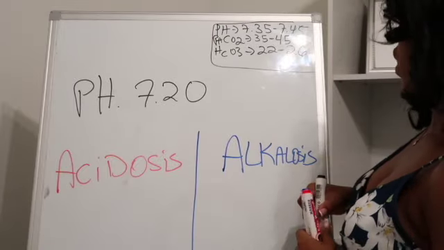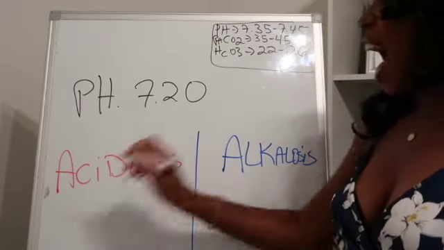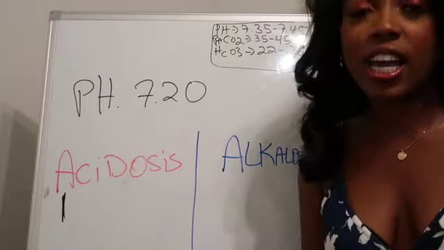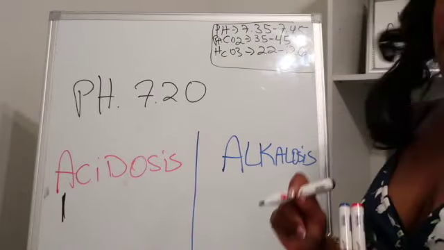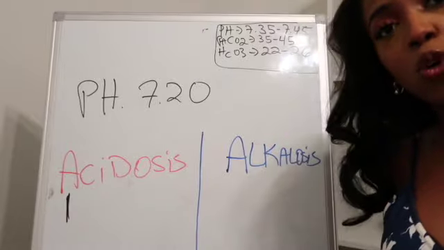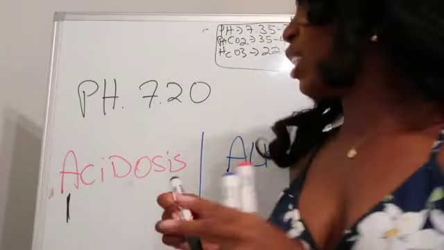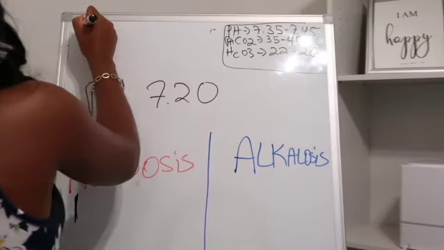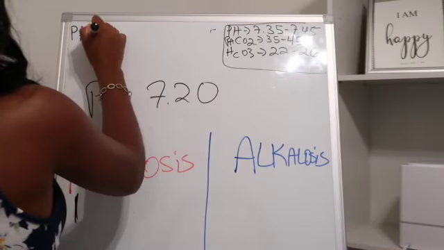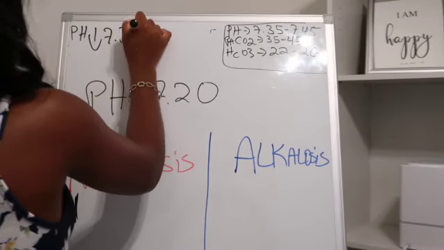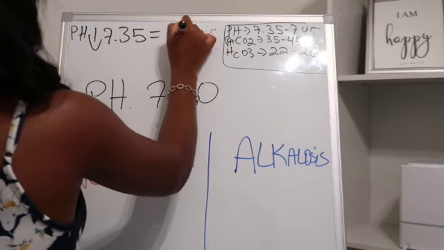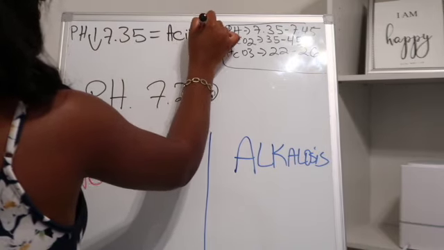Okay, this patient has acidosis. Yes, you're right. You want to know why? Because remember, any patient who has a blood pH below 7.35 is going to have acidosis, okay? So a pH below 7.35 is acidosis.